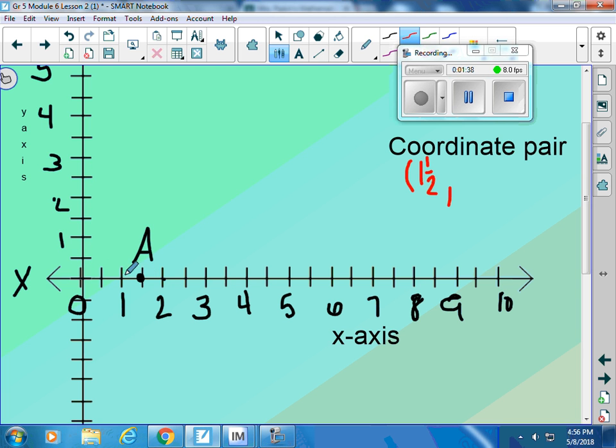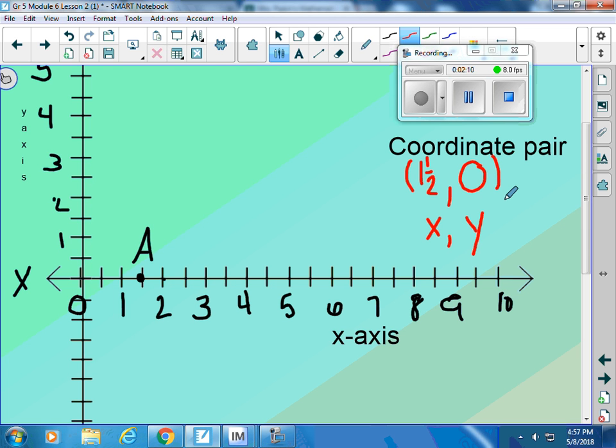So this line that I am staying on, 1, 1/2, 0, means that my y is 0. And plus, if you think about it in terms of the alphabet, it always goes X, Y, and then Z. So that's the order in which you name them, X, Y order.